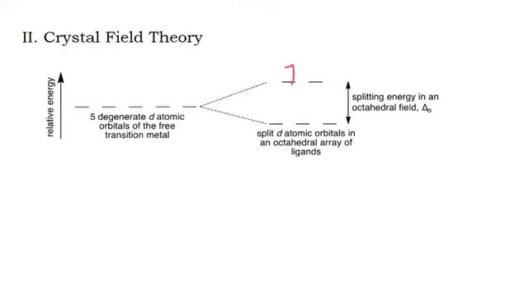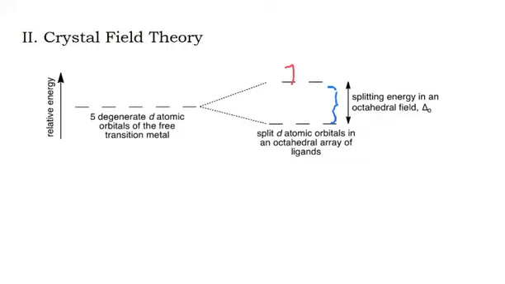Okay? So that transition will only happen if the incoming photon has an energy exactly equal to this energy gap. And the size of that energy gap between the lower energy and higher energy d orbitals is called the crystal field splitting energy, or delta O for octahedral.